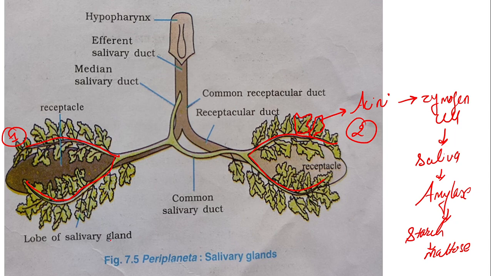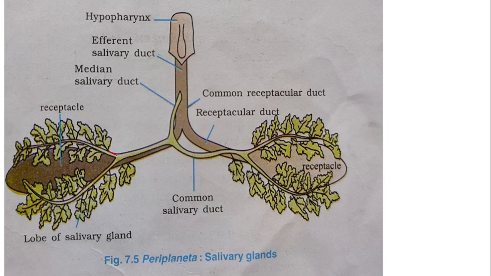Now see here very clearly. Let me erase this once. Okay, now see here. This duct is coming out from here and it is coming out from here also. So the ducts from both the lobules, one lobule duct and second lobule duct, combine together to form the common salivary duct.